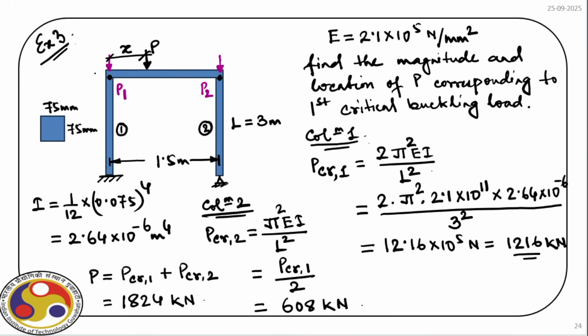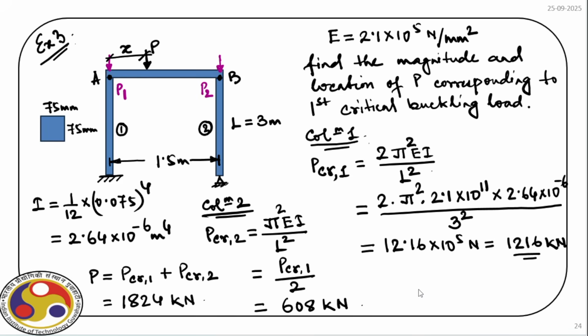If we consider, say, this point is A and this point is B, we can now take the moment about A. So if we do that, let us write here, we have P times X, that is, we consider this load here, times X as the lever arm.